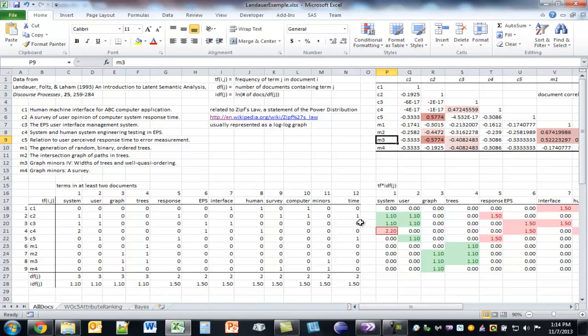But basically what I wanted to concentrate on is the term document matrix and how it's weighted.